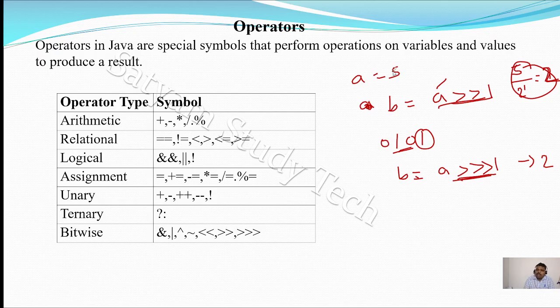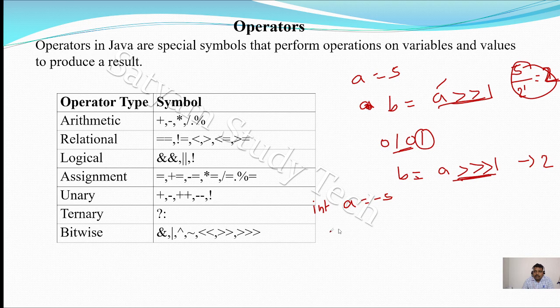For example, here it is a positive value, both the outputs are the same. But in case you take a = -5, what is the value here? Here the negative value is represented in 2's complement form. For example, int is 32 bit.